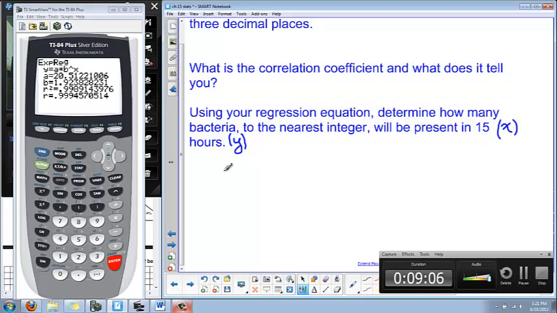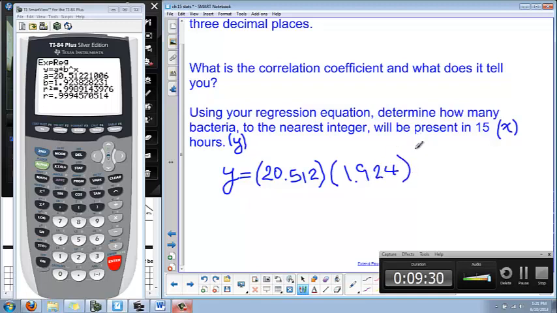So if my equation is y is equal to, and I'm going to round it to 3 decimal places just because that's what they said up there. My a is 20.512. My b was 1.924.